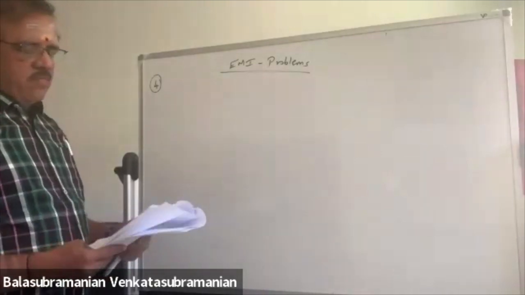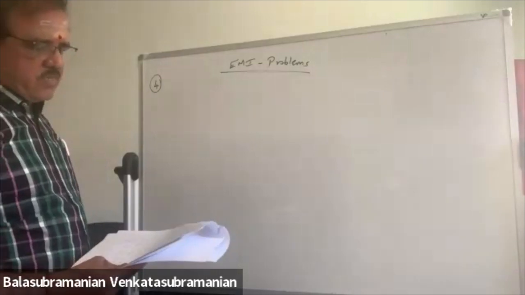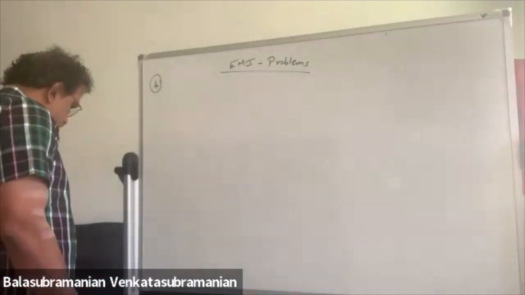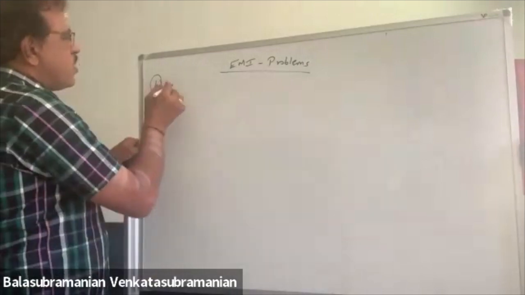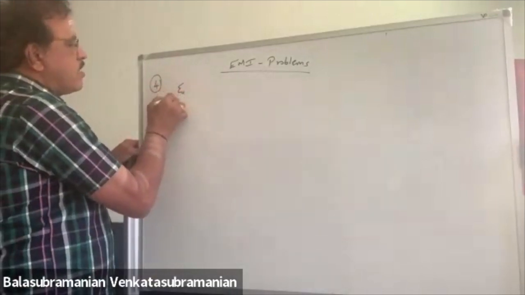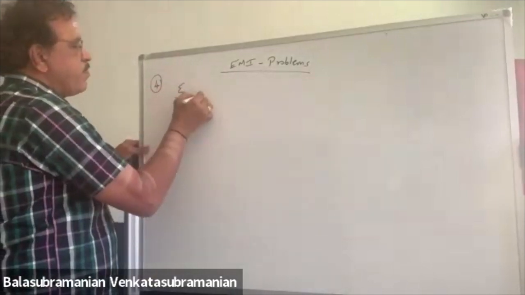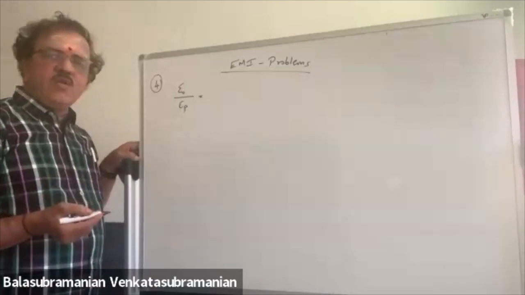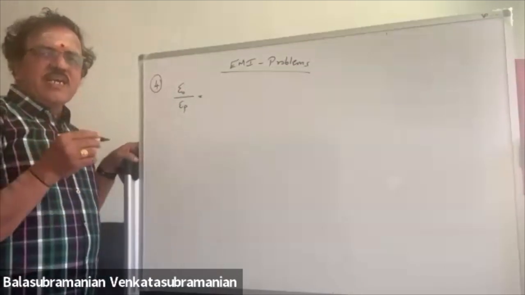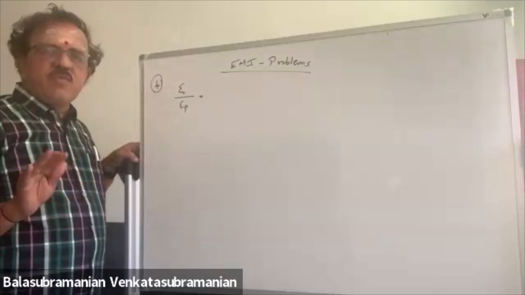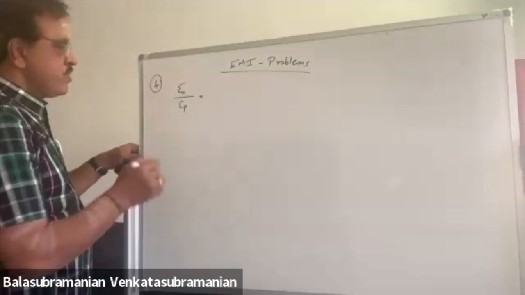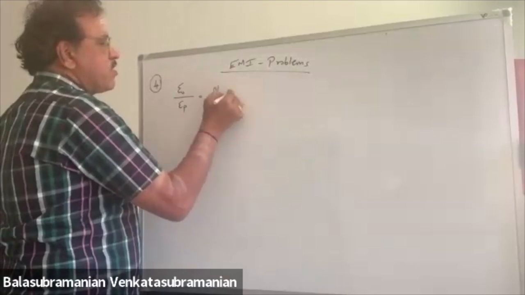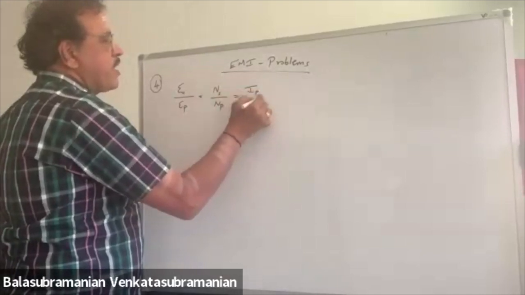Transformer formula: ES by EP, or E2 by E1, secondary EMF by primary EMF, is equal to NS by NP is equal to IP by IS.